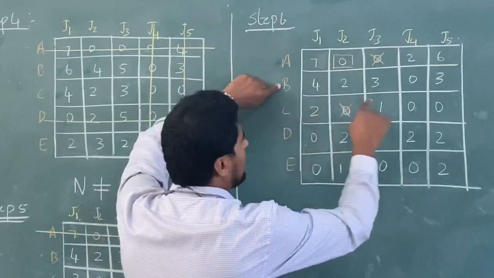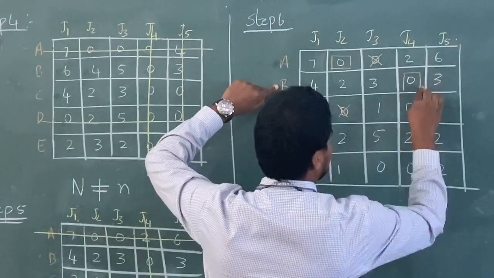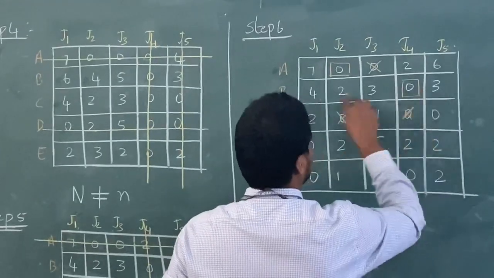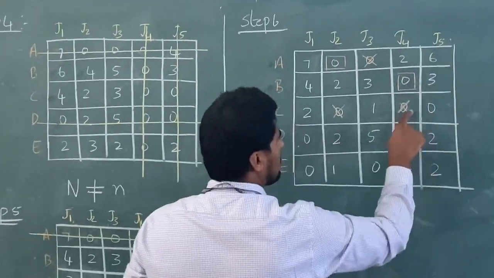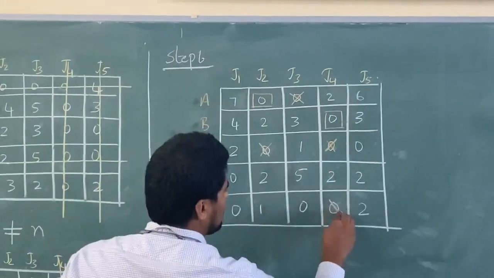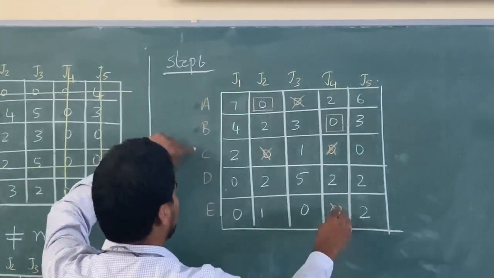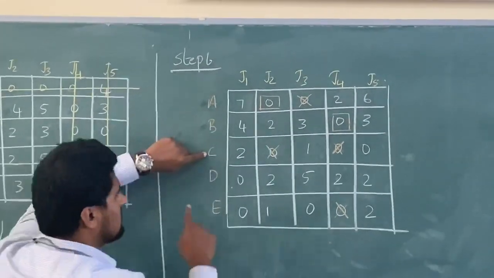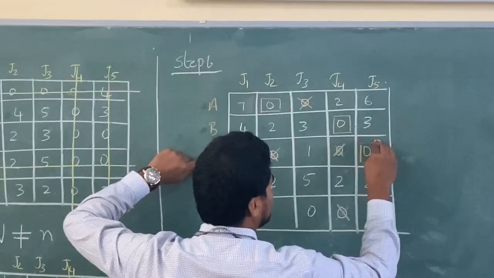Okay, check out with machine B. Here we have 1 zero. You assign this particular zero and strike off this zero. In row you don't have any zeros, in column you have zeros, so you strike off. In this column you have one more zero, you strike off these zeros. Next check out with row C. Here you have 1 zero.